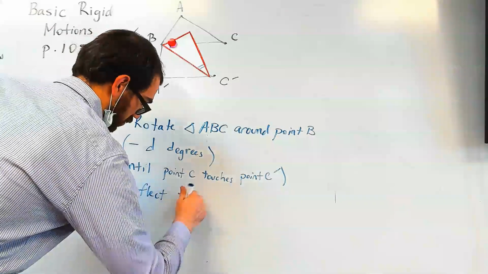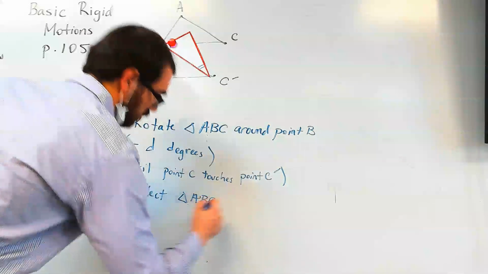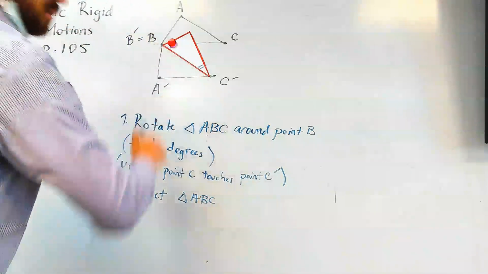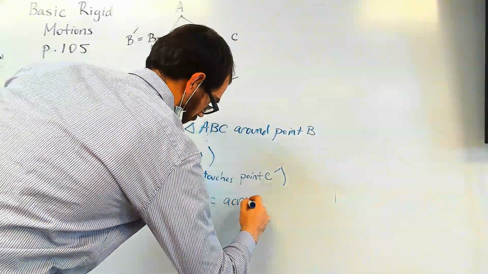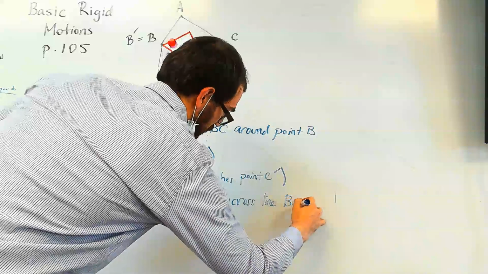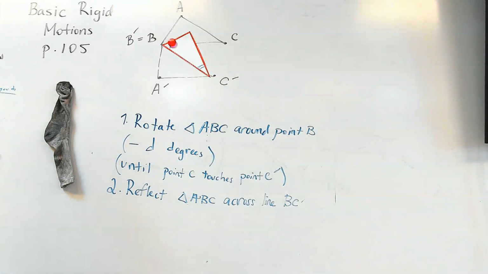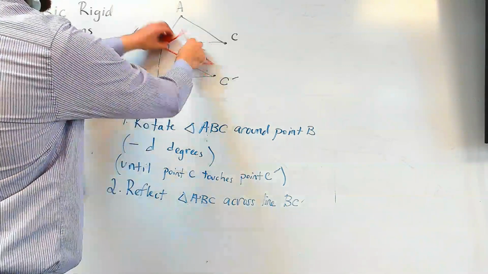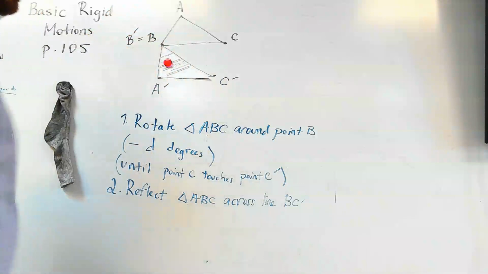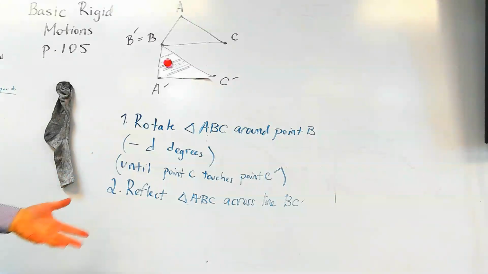Reflect triangle ABC across line BC prime. Reflect it. And you have your transformation using nothing but basic rigid motions: rotation, reflection, and the other one we haven't used yet is translation.